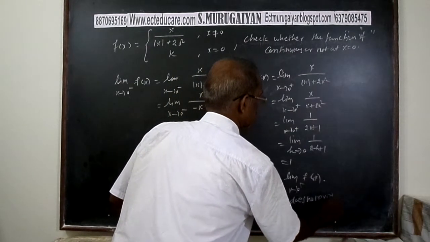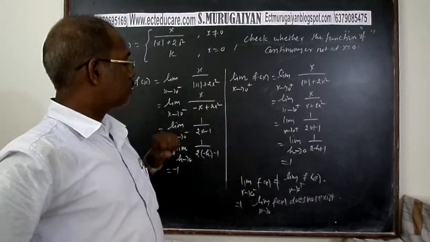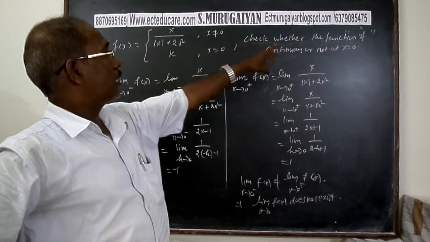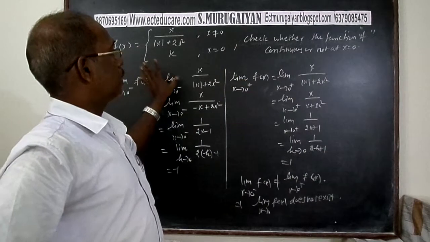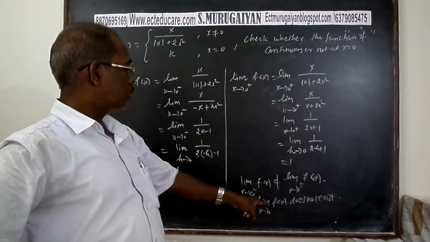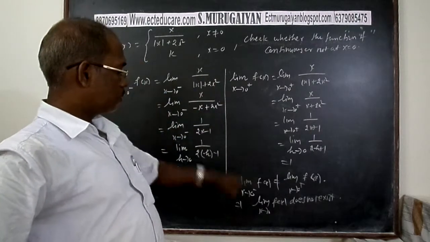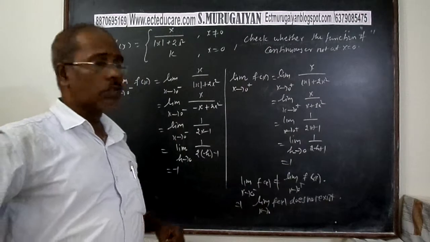So the limit does not exist means it cannot be continuous at x equal to 0. So what is the conclusion of this question? Check whether the function f is continuous or not, and the answer is that it is not continuous. So 0 is a point of discontinuity of the function, that means this is not continuous at x equal to 0.